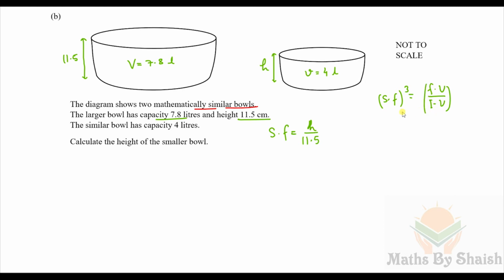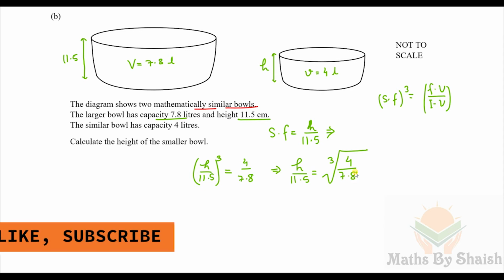Ratio is scale factor cube. So here we can write h over 11.5 whole cube will give the ratio of the volume, when volume is 4 here and the earlier volume is 7.8. We should write everything in the same ratio. If we take h here, so we should take the volume here, and from here we will get h over 11.5 as the cube root of 4 over 7.8.